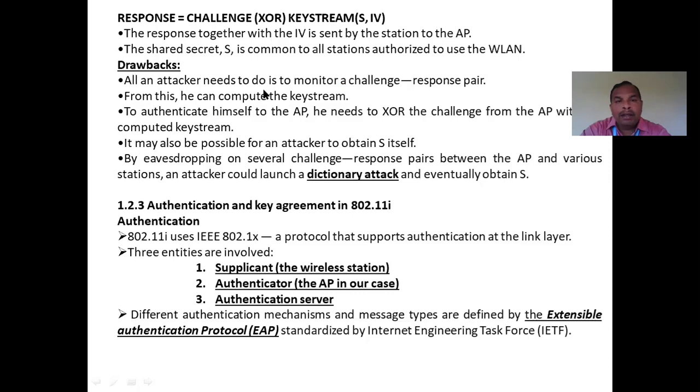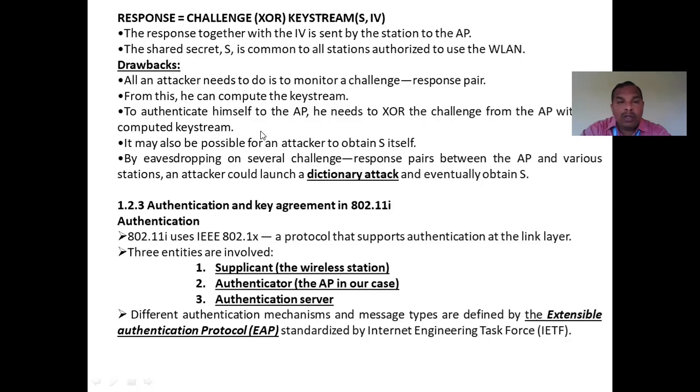The attacker needs only to monitor all these challenge and response pairs, and they can get the information of the key stream. Again, the authenticator himself needs to carry out the XOR operation, which takes more time, and it is possible for the attacker to obtain the secret key S itself.